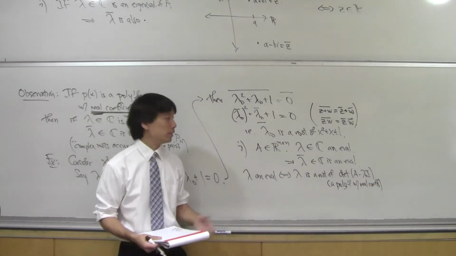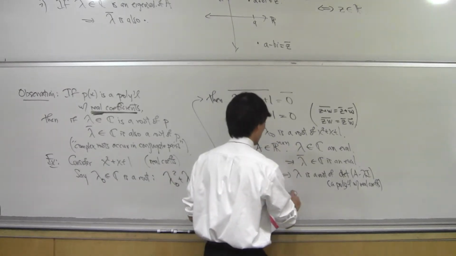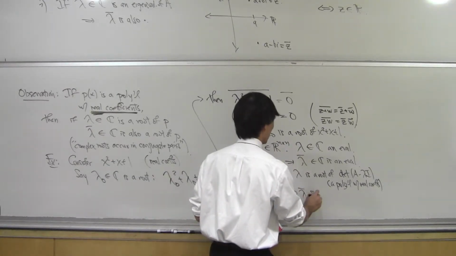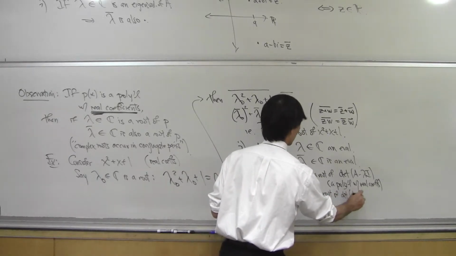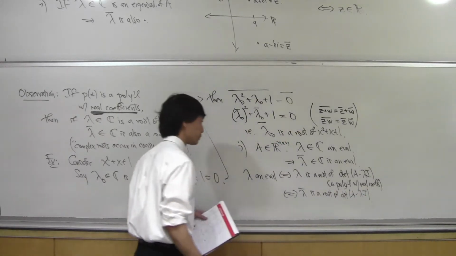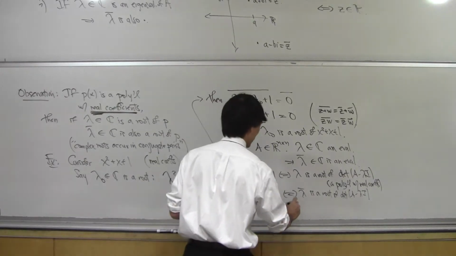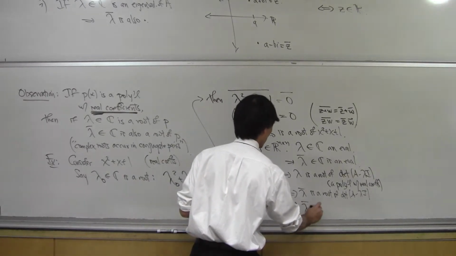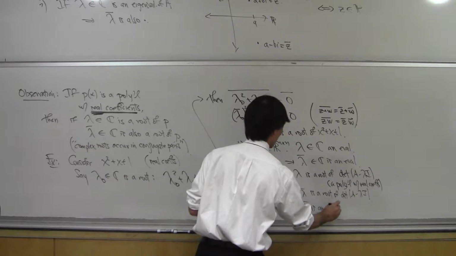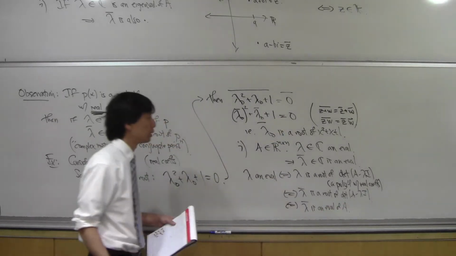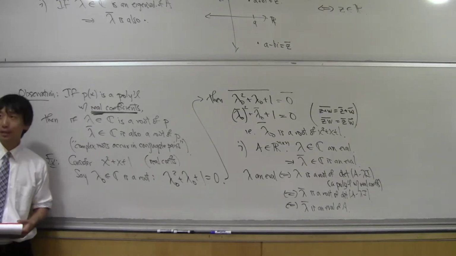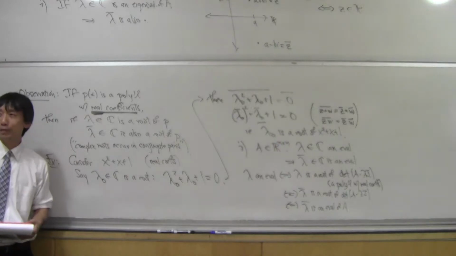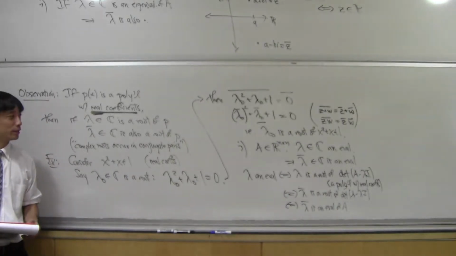And so that happens if and only if this is a root of the same polynomial, which is to say that lambda bar is an eigenvalue. If I write eval or evector, it means eigen.